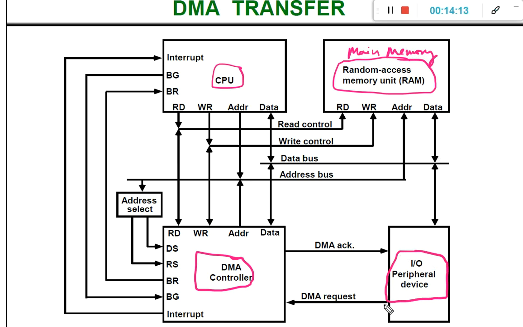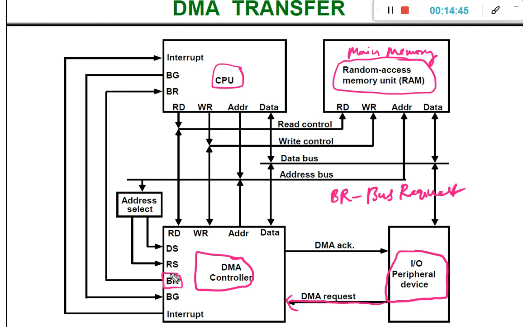Initially the IO device is going to send the DMA request, direct memory access request, to the BR control signal. BR means bus request. That is, the IO device is going to request for the bus.